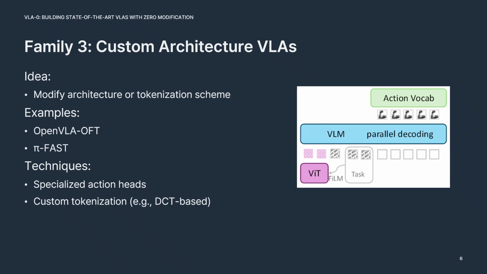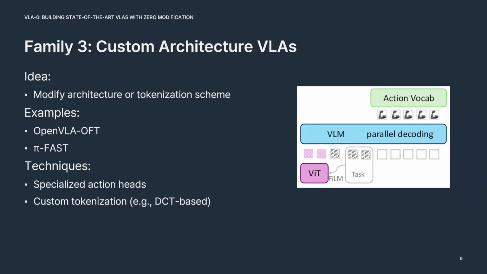This way, the output is designed specifically for continuous control without being passed through the text space. The benefit is high resolution and truly continuous actions, but there are clear downsides.